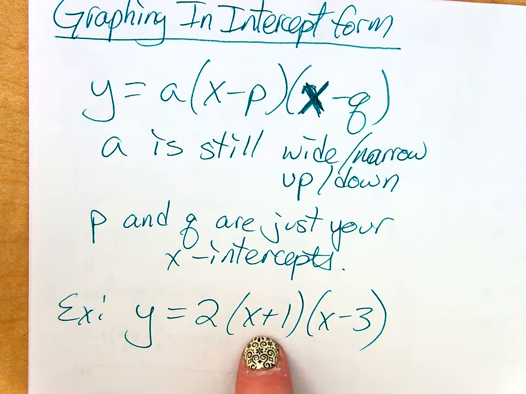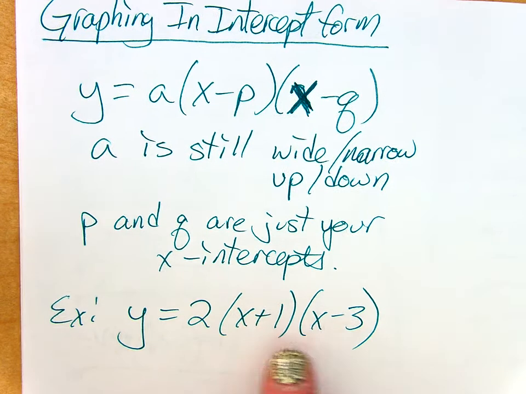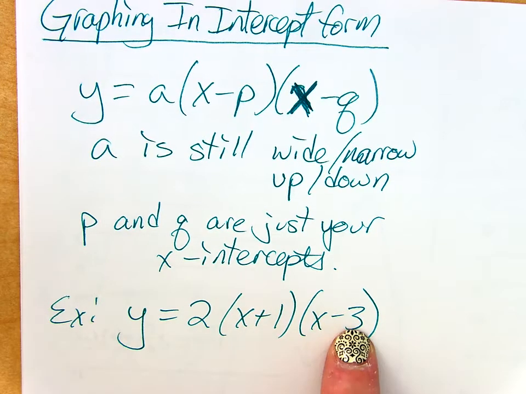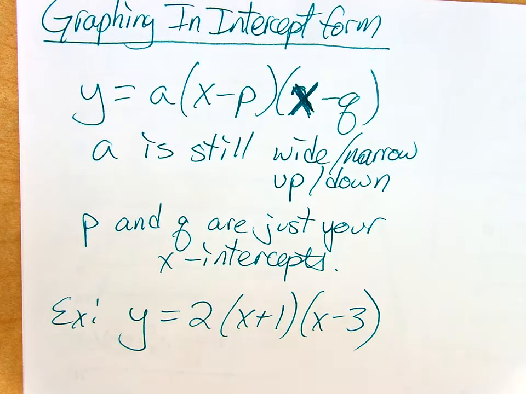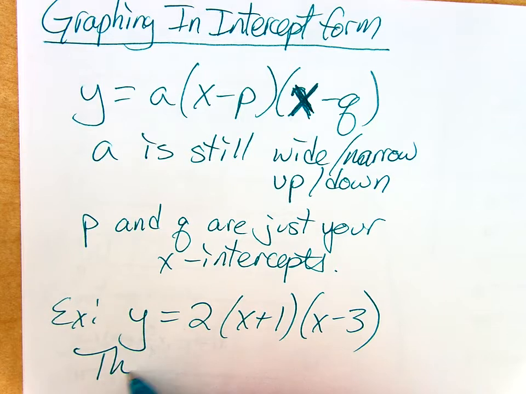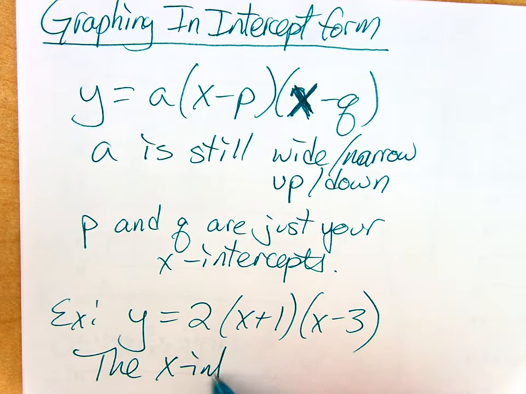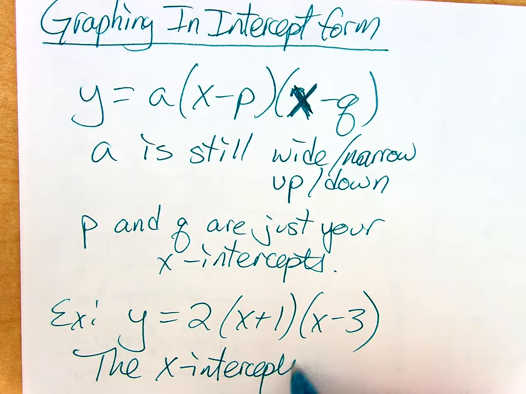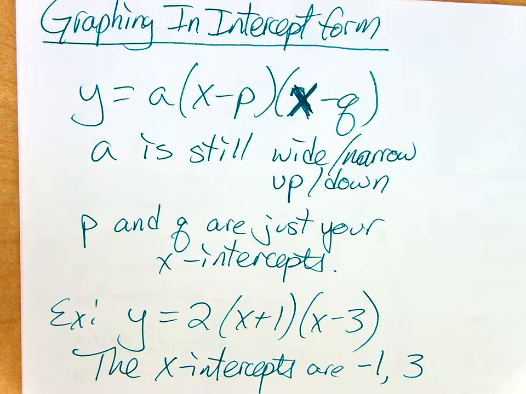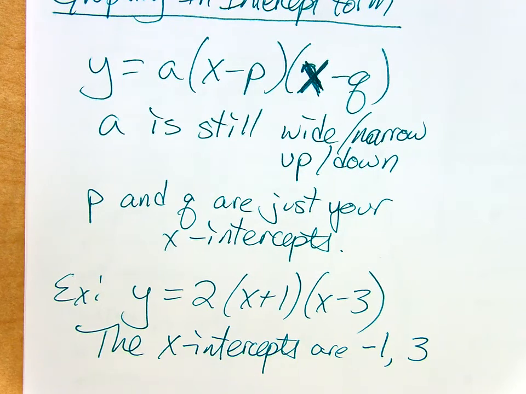So, it's going to be at what two numbers? Be careful. Negative 1 and positive 3, right? So, the x-intercepts are negative 1 and 3.